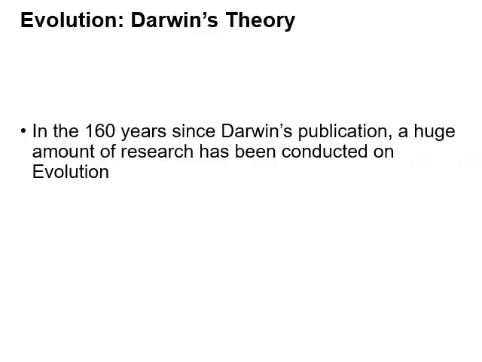So we learned way back in chapter 1 how hypotheses and theories are different from each other. A hypothesis is something that's been tested maybe once or twice or a few times, whereas a theory is something that has been supported by an abundance of evidence. It's been tested many, many, many times, right? So that's why we consider evolution and natural selection to be theories, because they've been tested so thoroughly by so many researchers over many, many years.